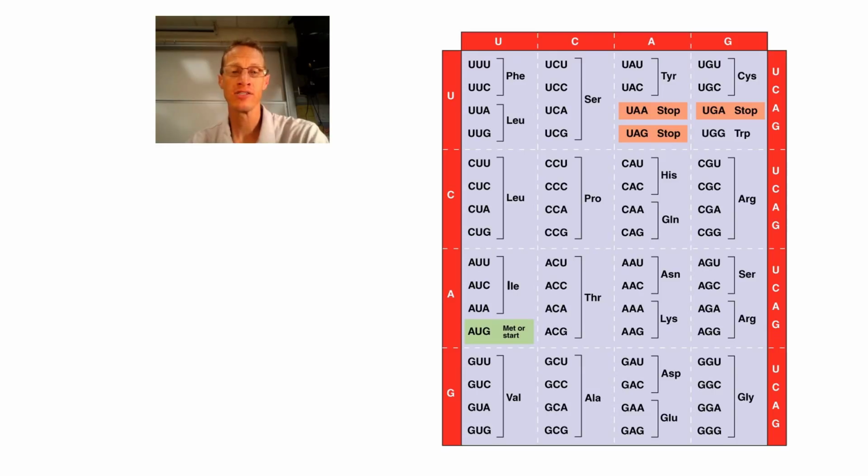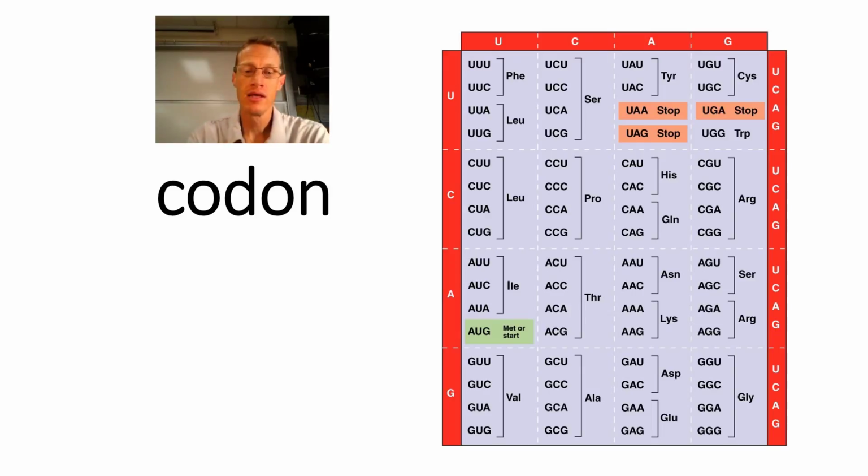Every 3 letters of messenger RNA, what we now refer to as a codon, specifies one amino acid in a protein chain. Take these 3 letters, for example. That's the codon CCA. 3 bases on messenger RNA. And what they code for is the amino acid proline to be put in a protein chain. And all of these abbreviations are for amino acids.